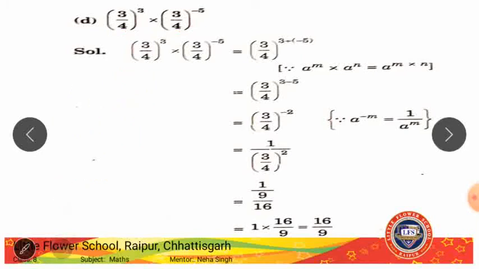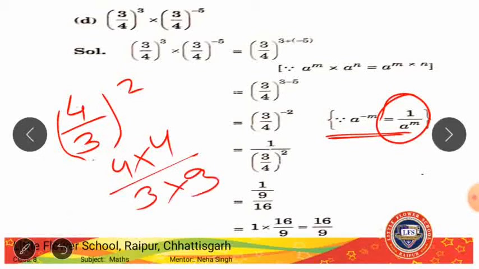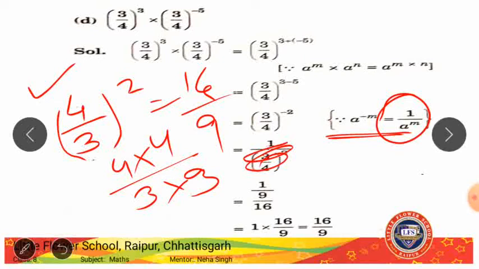When the power is negative, we do the reciprocal, so the number will be 4 by 3 power 2. This identity we are using: a power minus m equals 1 upon a power m, or we can use it vice versa also, both the sides. So now the answer is 4 into 4 upon 3 into 3, which is 16 upon 9. If you are excluding this step, it will work. You can directly write the answer.